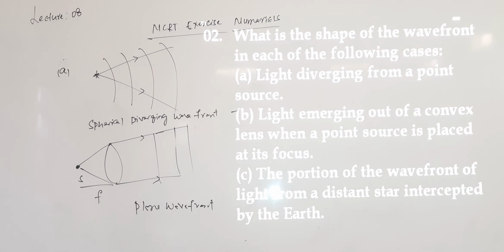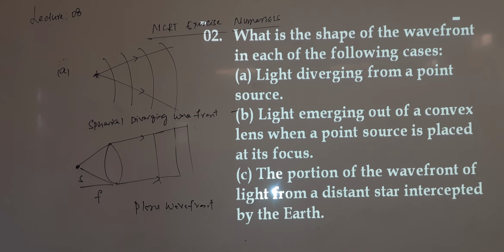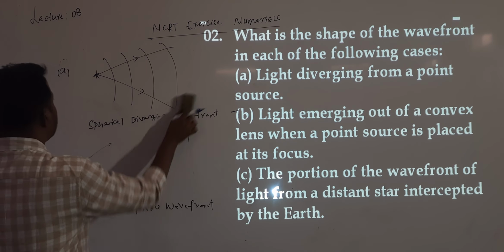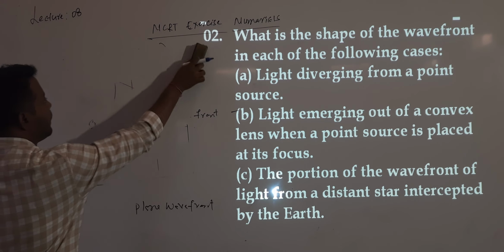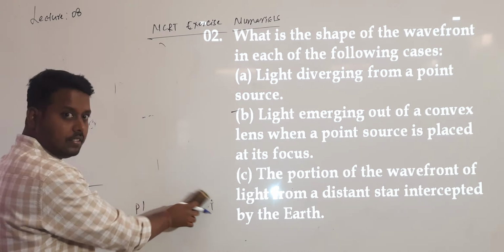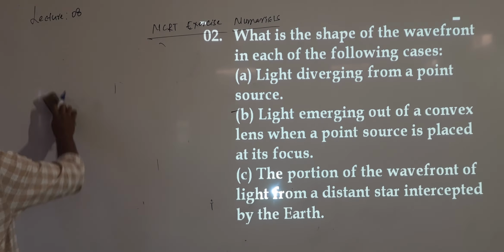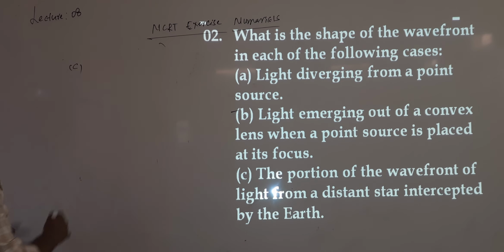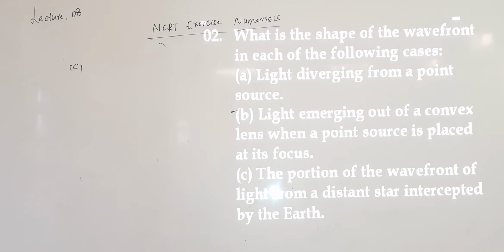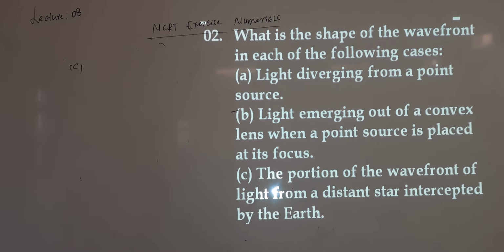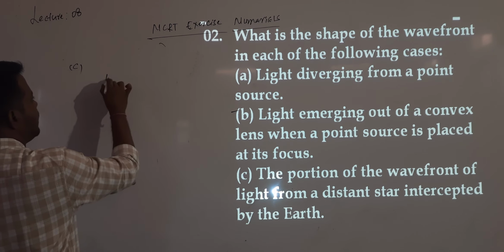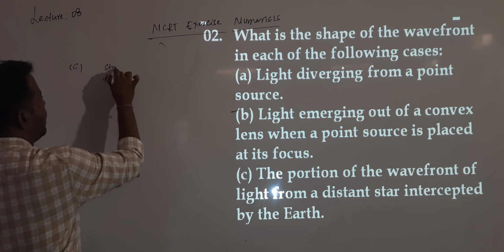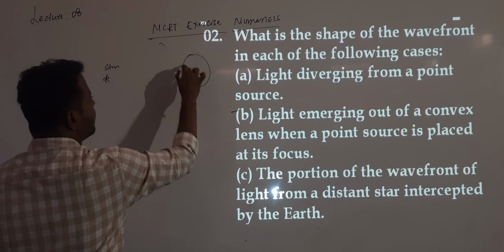Okay? So next is the last case, C. The portion of a wavefront of light from a distant star intercepted by the earth. Here somewhere the star is there, and here somewhere the earth is there.